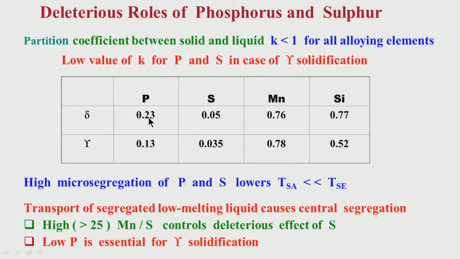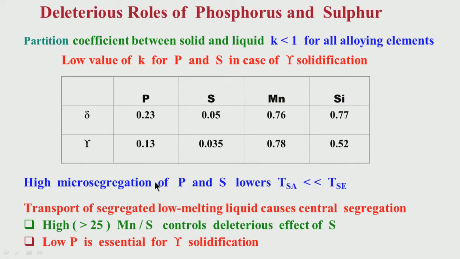For phosphorus it is 0.23 in delta ferrite and 0.13 for gamma. For sulfur it is 0.05 for delta ferrite and 0.035 for gamma, quite low for austenitic solidification. So what is the impact of this?